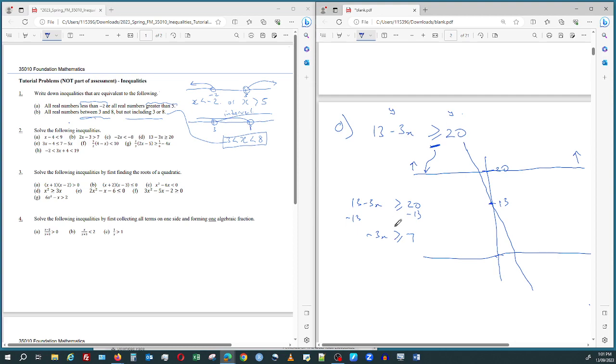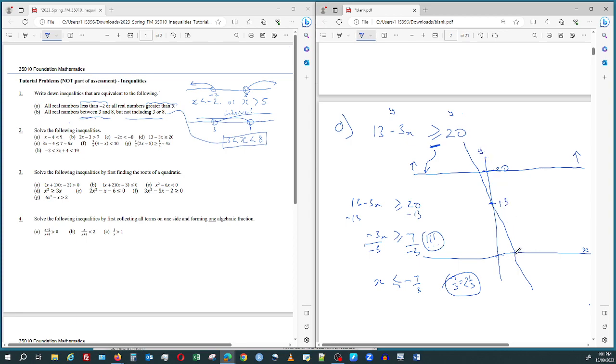Or we can just divide by minus 3. Ding, ding, ding, ding. What does that mean? It means that we have to reverse the sign. Okay, now minus 7 on 3 is 2 1/3. So we need to go to 2 1/3.